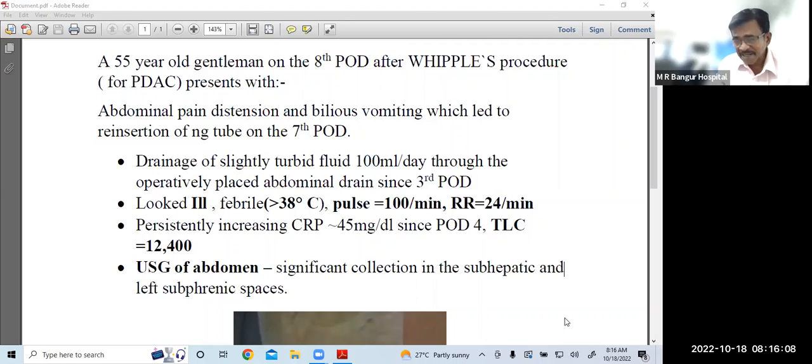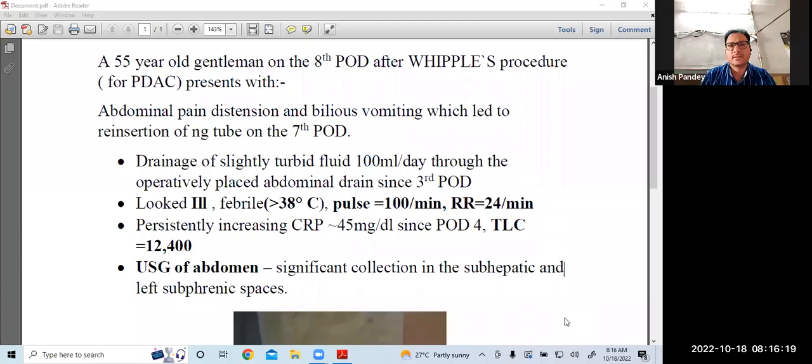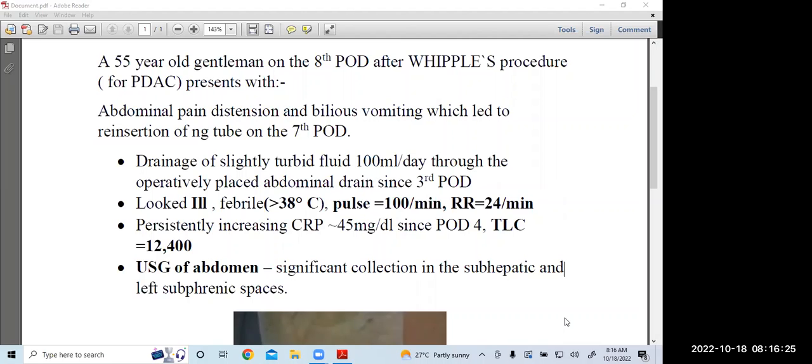There may be minimal collection, but the patient is not having any symptoms. It resolves spontaneously with conservative treatment.